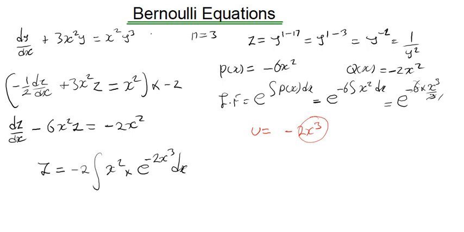So u prime, or du, will be equal to negative 6x squared dx, of which you can say your dx is nothing but du over negative 6x squared.